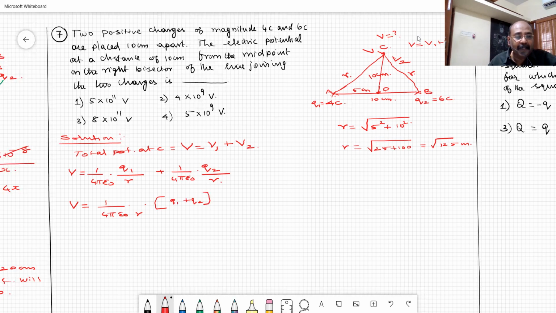So simplifying, 1 by 4 pi epsilon 0 can be written as 9 into 10 to the power of 9, divided by R. R is root of 125.